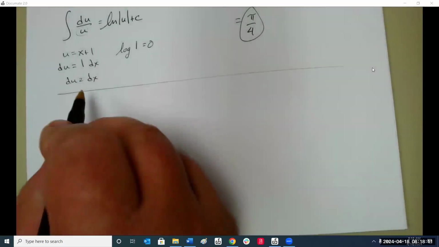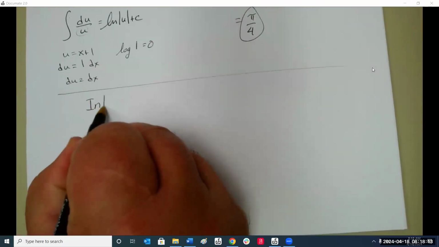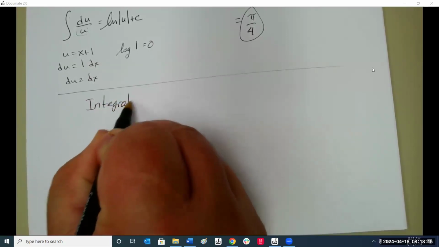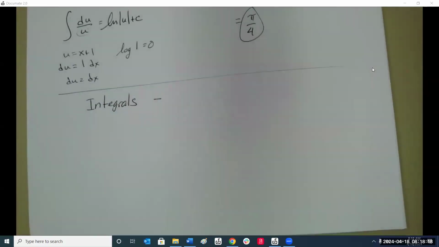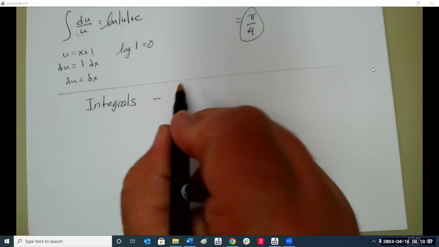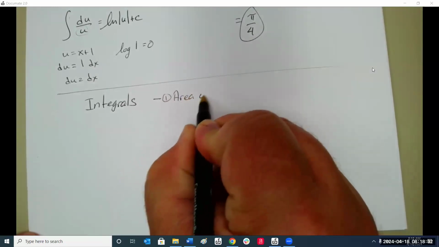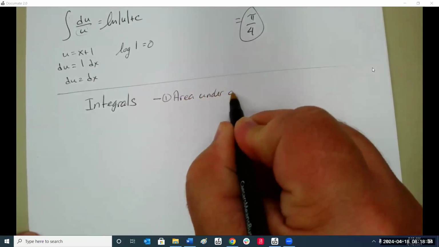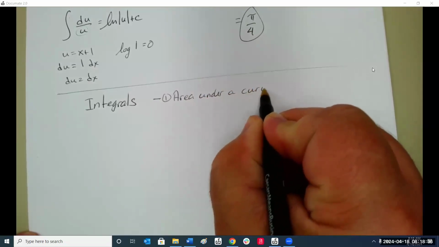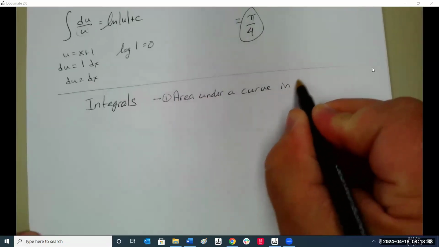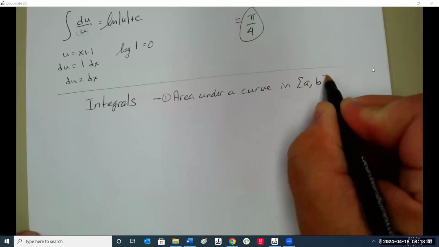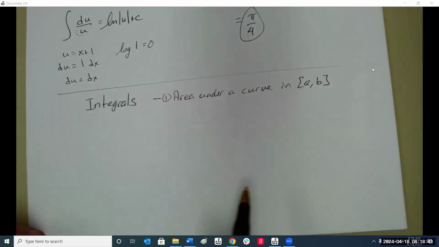All right. So let's look at what are the uses of integrals, why do we find integrals? One is the area under a curve in some closed interval, or actually we'll find out it doesn't have to be a closed interval.